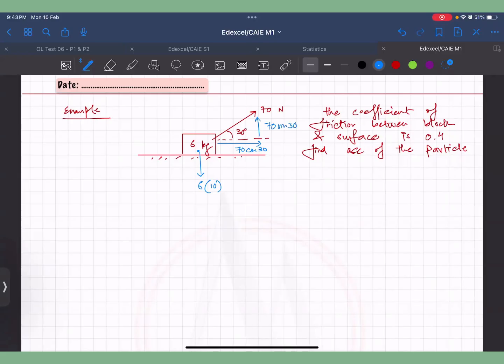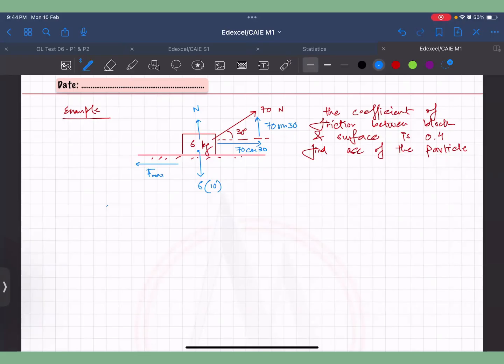The component opposite to the angle is sine, the component adjacent to the angle is cos. Upwards would be the normal contact force, and because there is a force pulling it to the right side, the force of friction would be to the left side, because the force of friction always opposes the force which is trying to cause the motion. So F max on the left side.